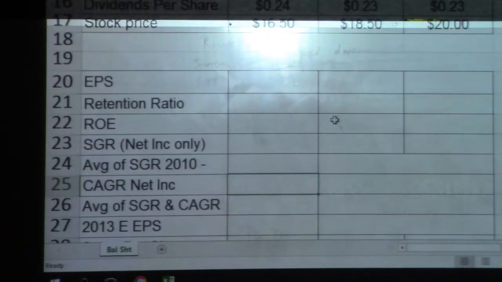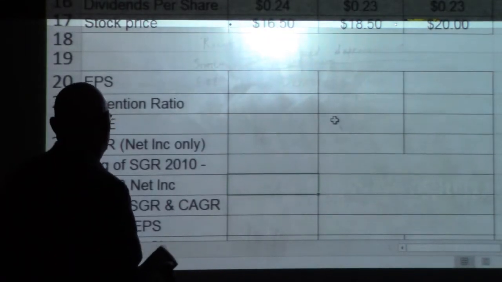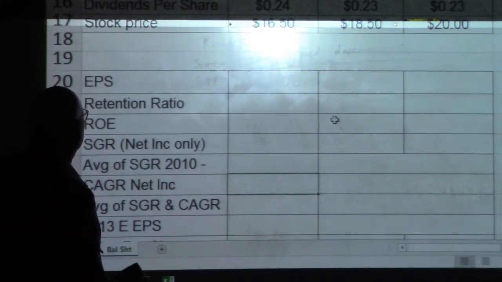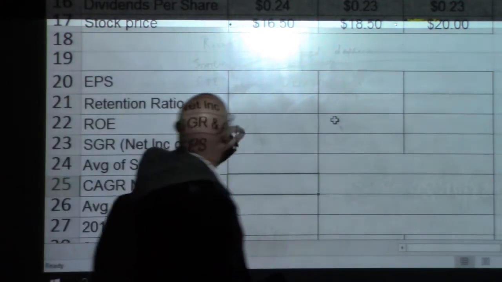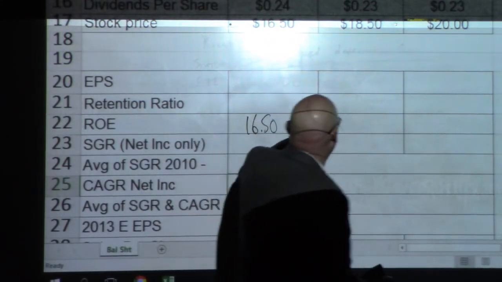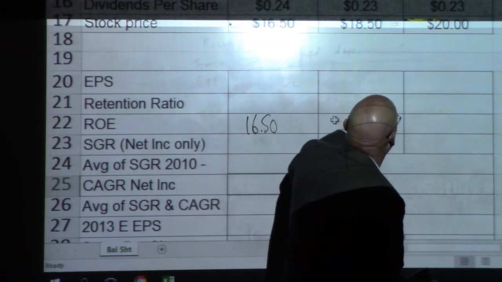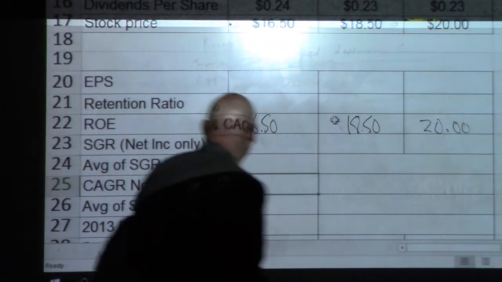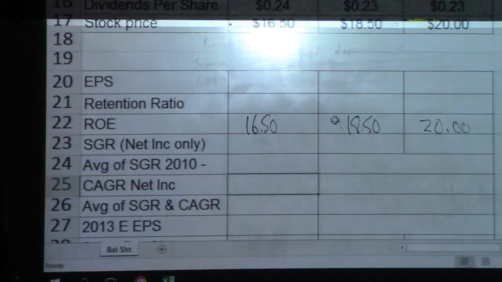So the stock price is, let's write it down so we don't forget, 16.50, 18.50, and $20. Okay? And now we need the sales per share.